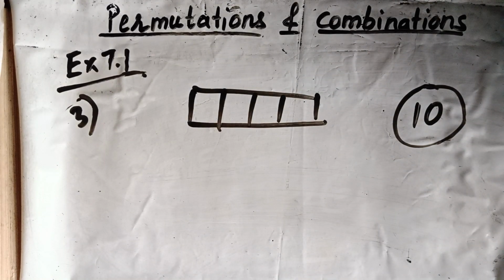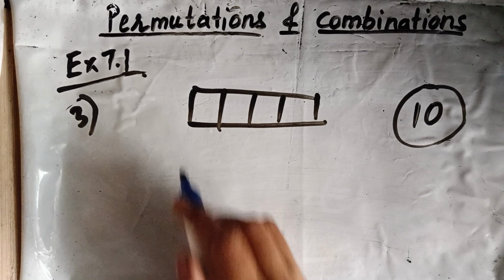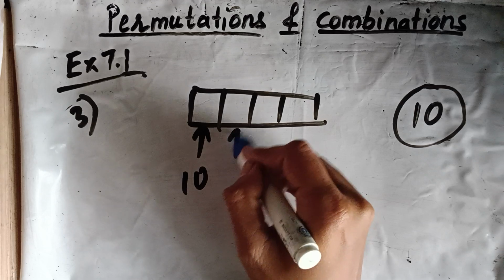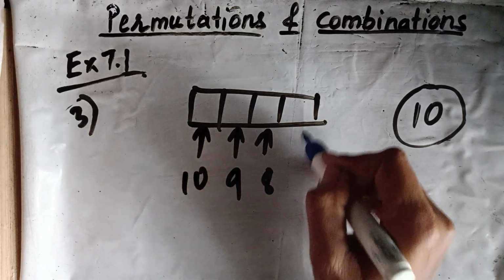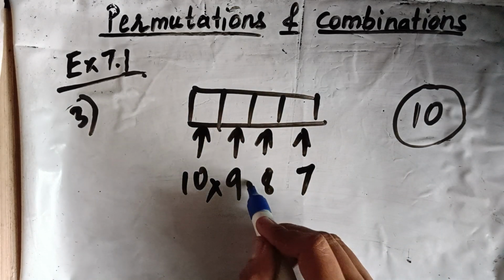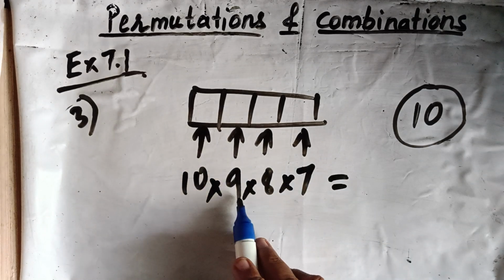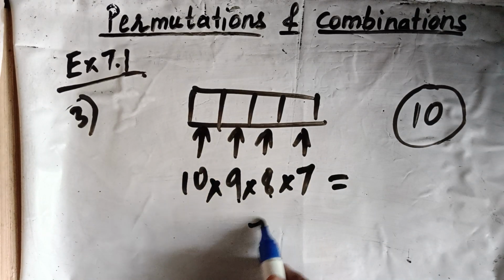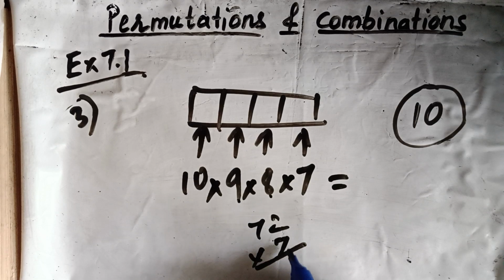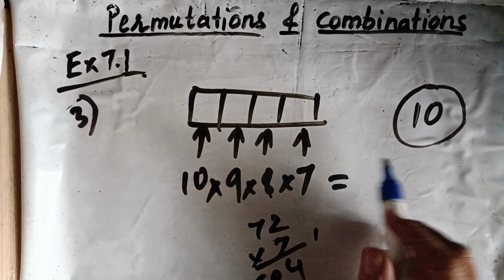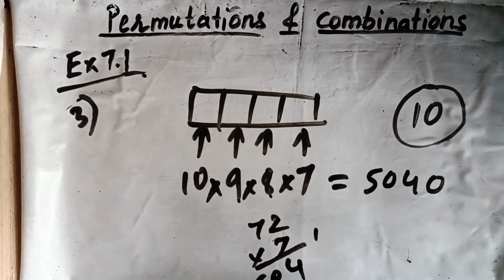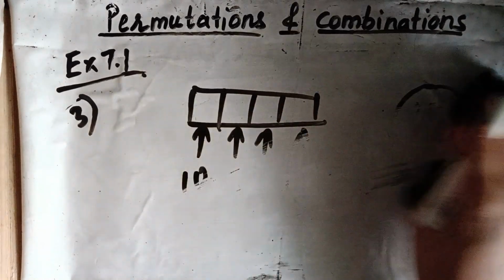If no letter can be repeated, this will have 10, 9, 8, 7. So multiplying, we get 72 into 7, 504 into 10, 5040.